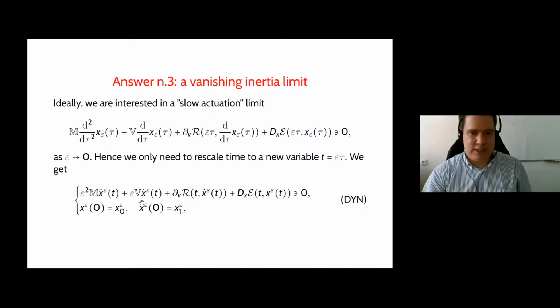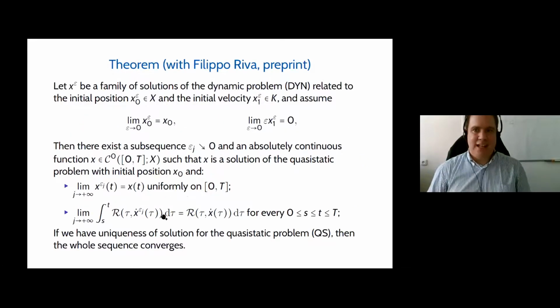We put some initial conditions on state and initial velocity. And here we finally pass to the theorem. So we can consider a family of solutions of the dynamic problem. We assume that the initial speed, rescaled, is bounded, and the initial position converges to an initial position x0. And, up to a subsequence, this dynamic solution converges to an absolutely continuous function.